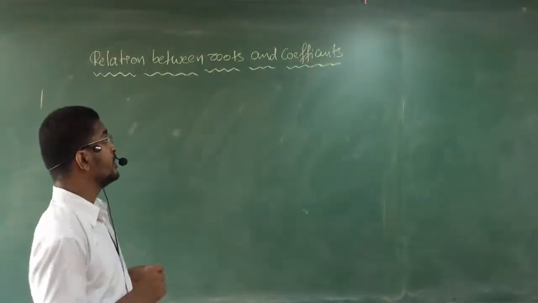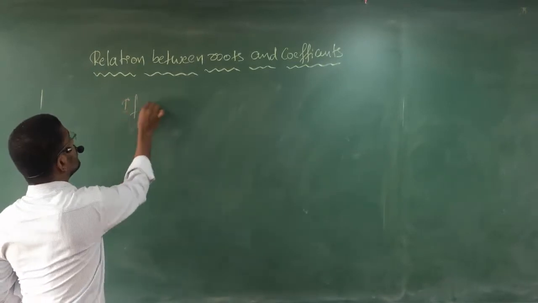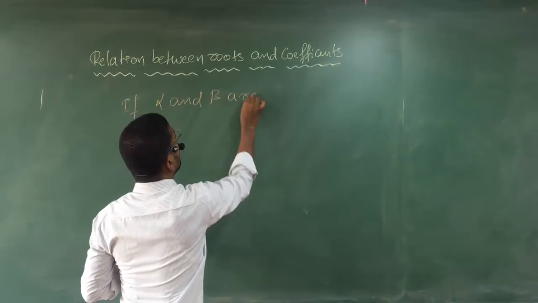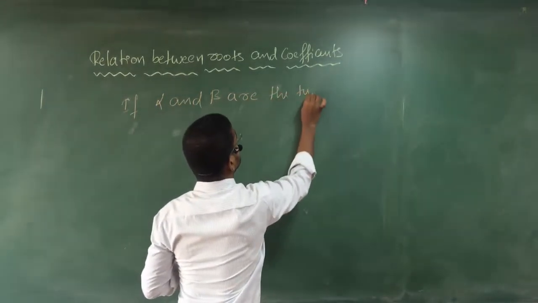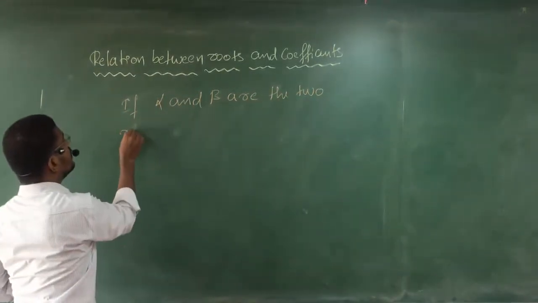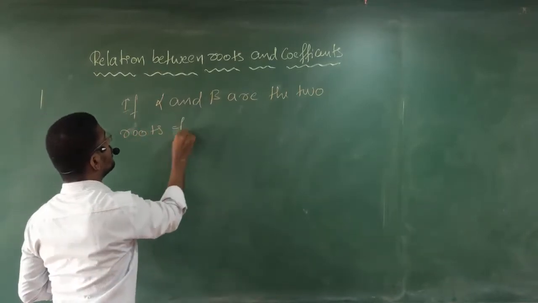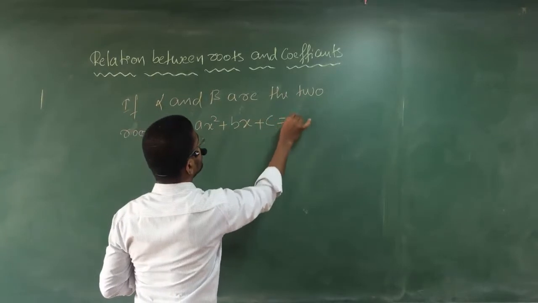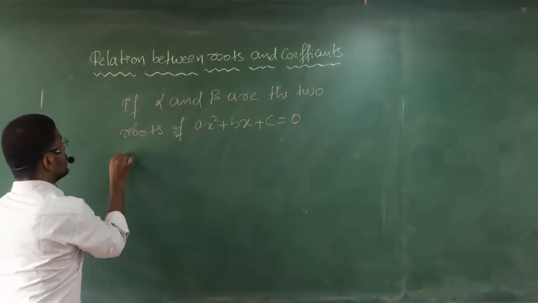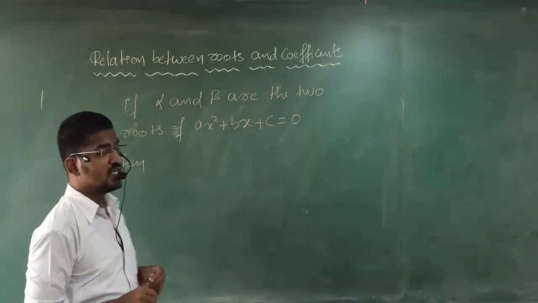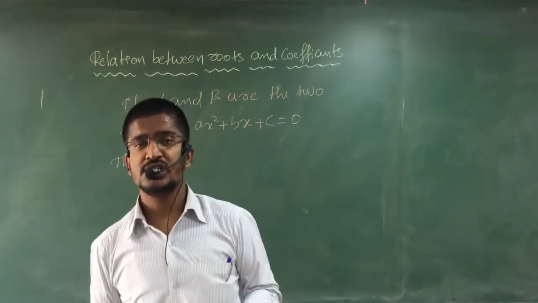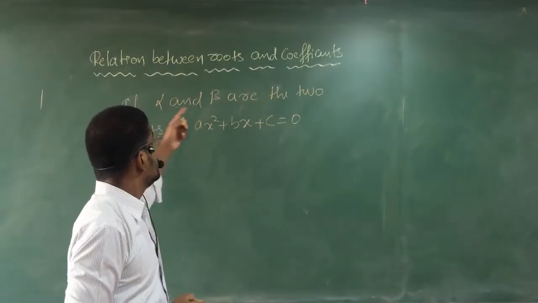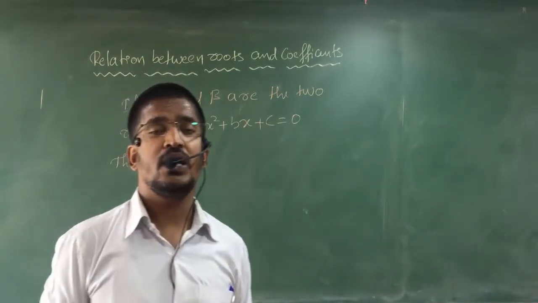That is, if alpha and beta are the two roots of ax square plus bx plus c equal to 0, then what is the relation between the coefficients of your algebraic equation and the roots of your algebraic equation?